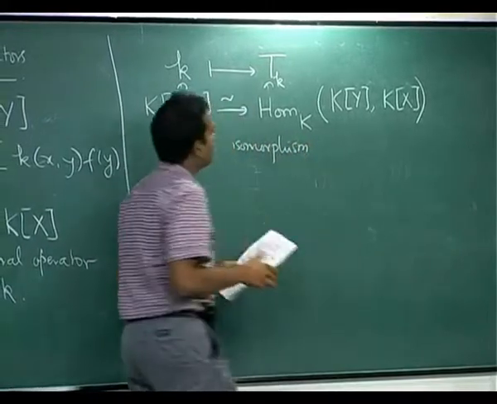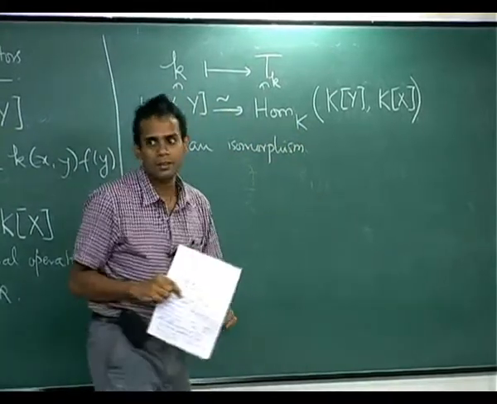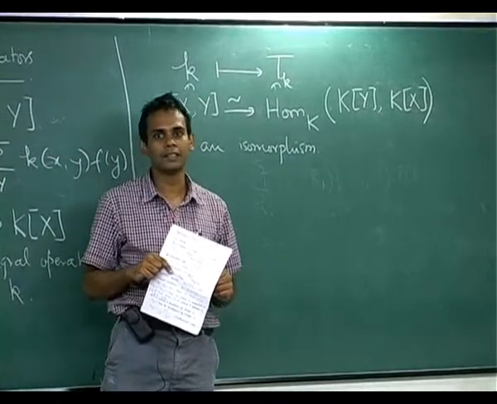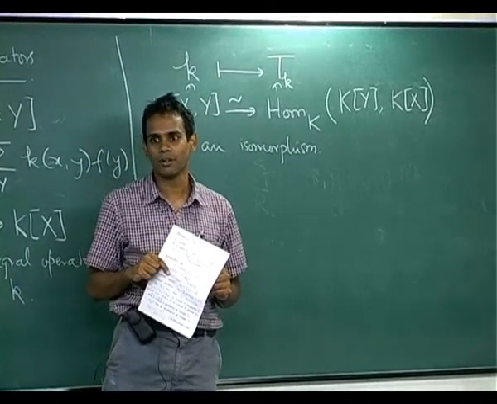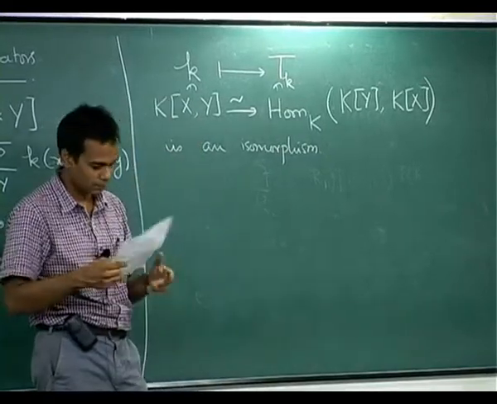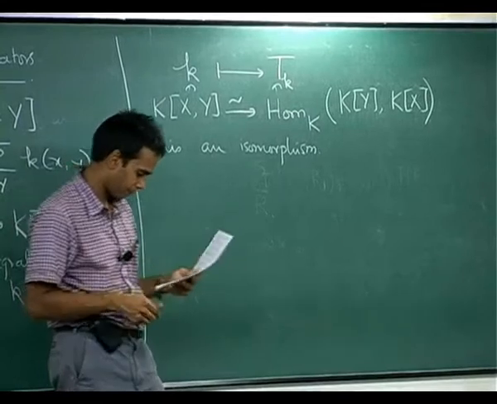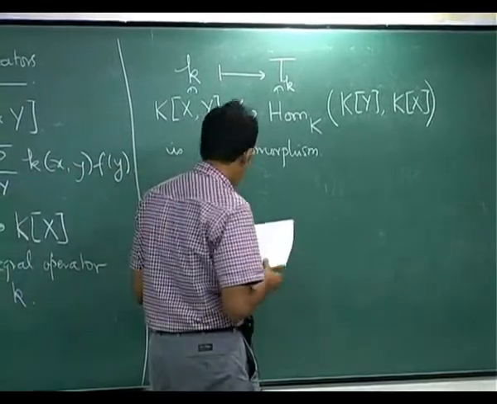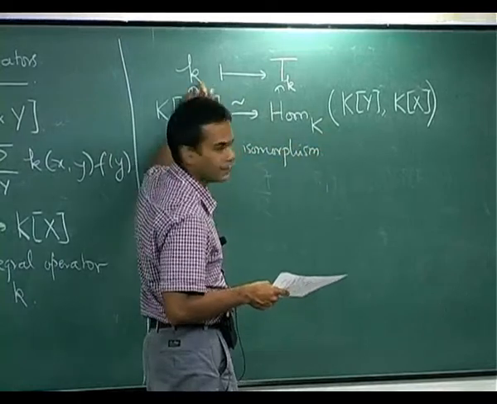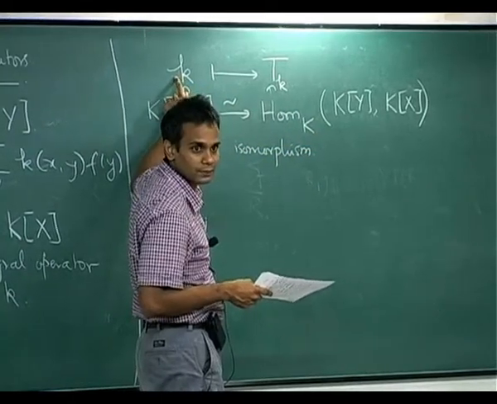So given a linear map, you can also figure out what kernel it is an integral operator for. You should be able to do that in principle. So instead of looking at linear maps from K^Y to K^X, we'll just be looking at the associated kernels.